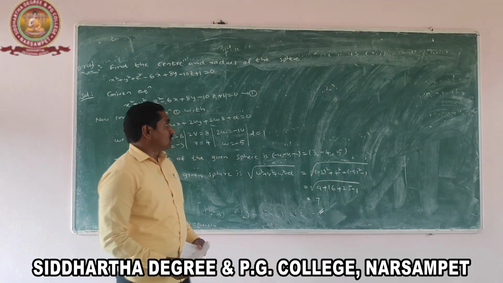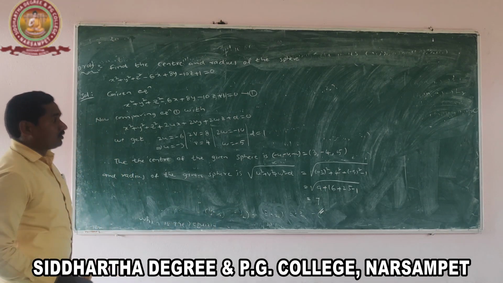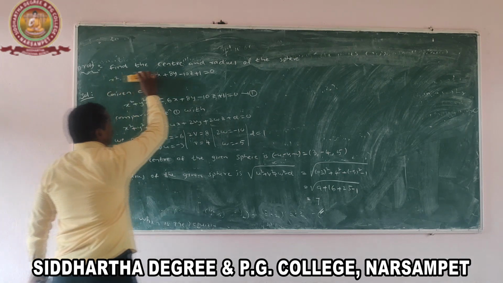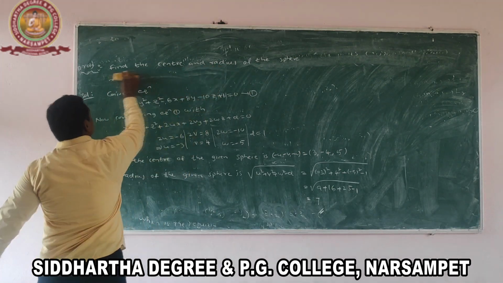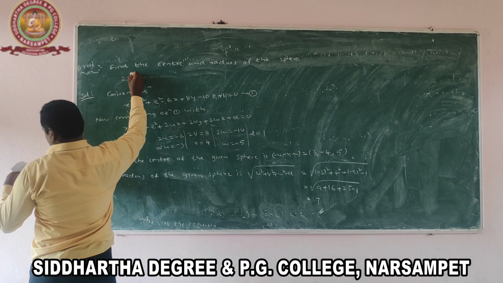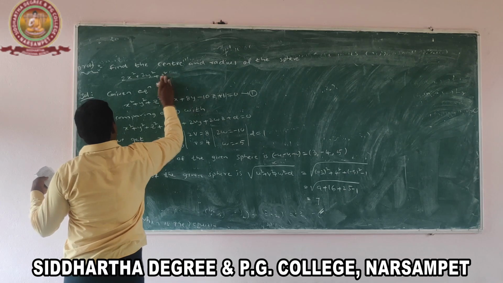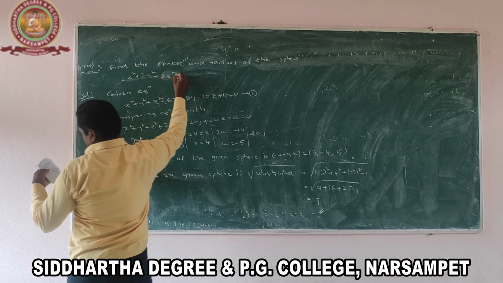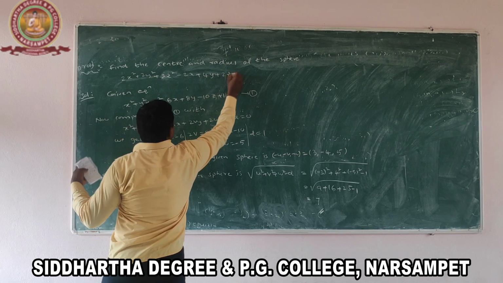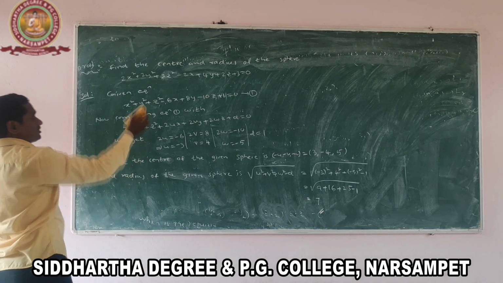Suppose the given sphere equation is of the form 2x square plus 2y square plus 2z square minus 2x plus 4y plus 2z plus 3 equal to 0. So this is another model.